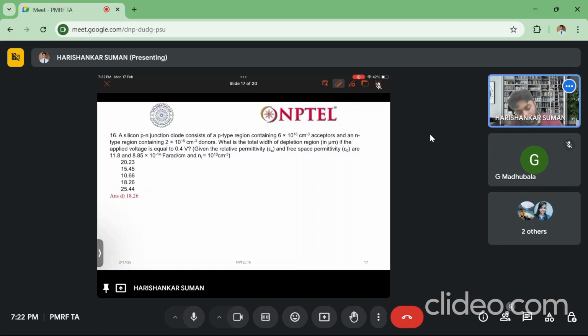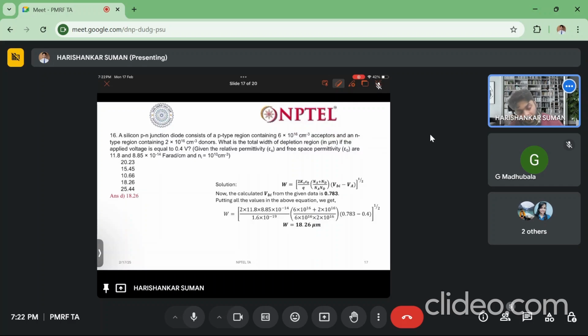Next question. So this is the formula that we discussed. A silicon PN junction diode consists of a p-type region containing 6 into 10 power 16 per centimeter cube acceptors and an n-type region with these donors.